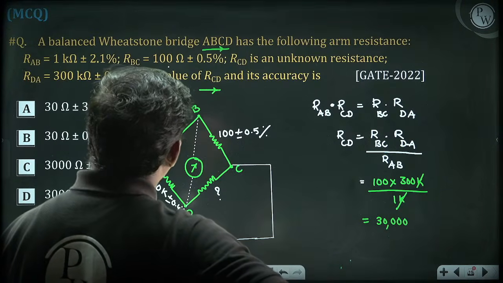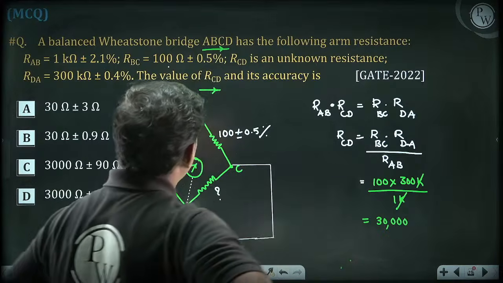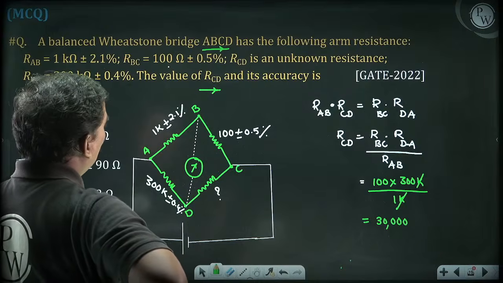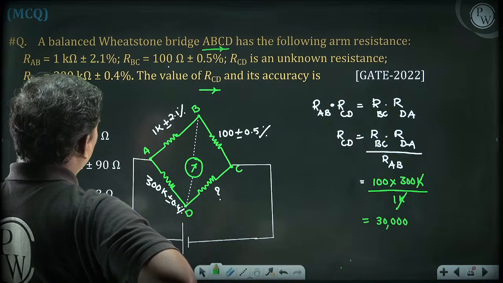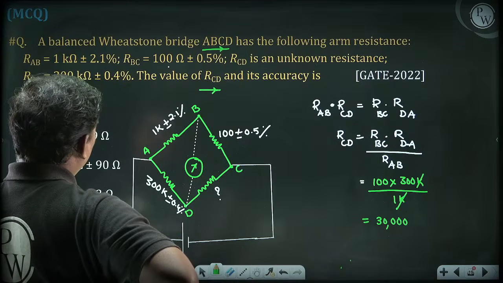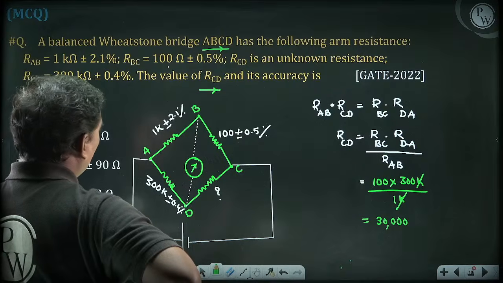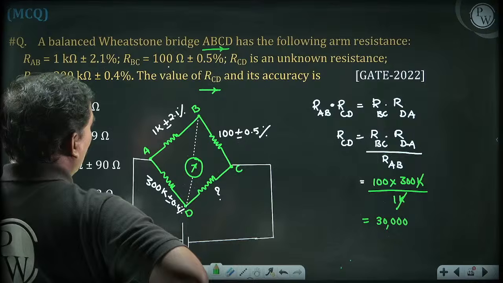30,000 kilo ohms. I think something is fishy here. You have to check this question. Is there a printing mistake or what?